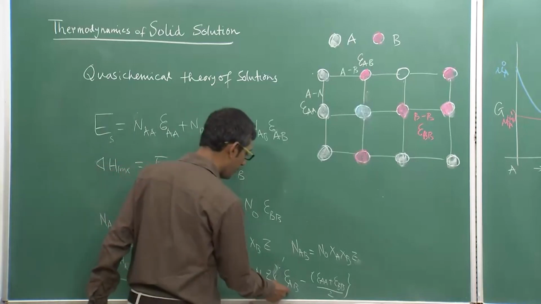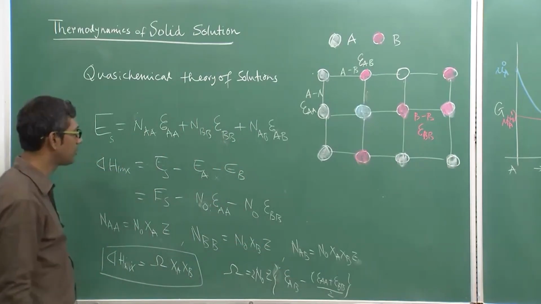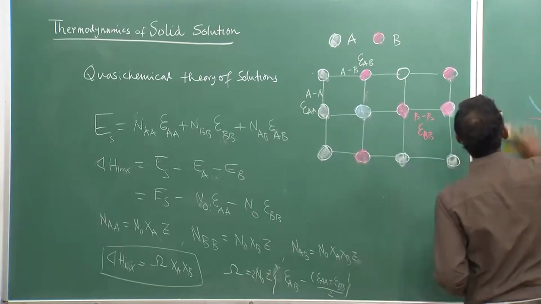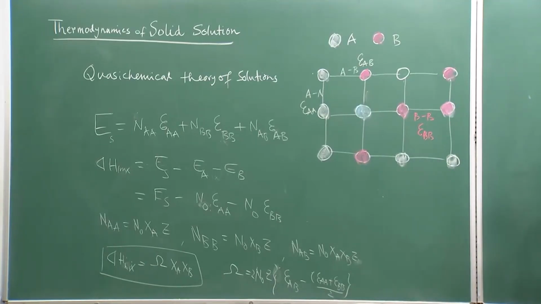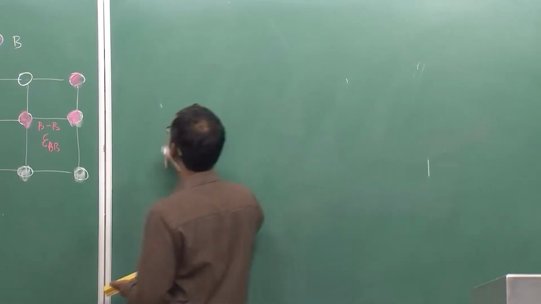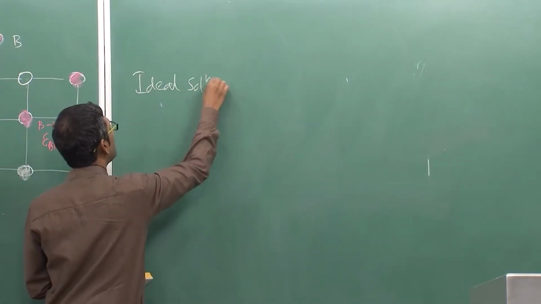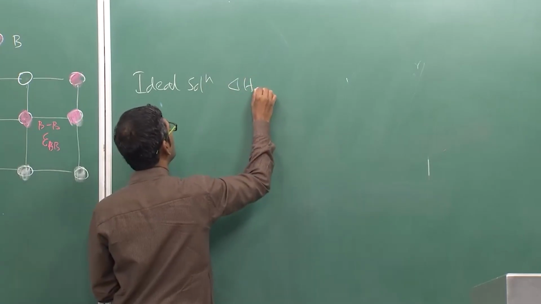This value is completely dependent upon the bond energy differences between the AB bond and the AA and BB bonds. For an ideal solution, we assume that delta H mix is 0. That means that epsilon AB minus half of epsilon AA plus epsilon BB equals 0.